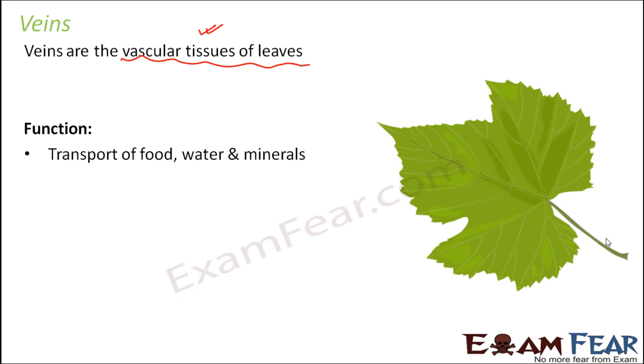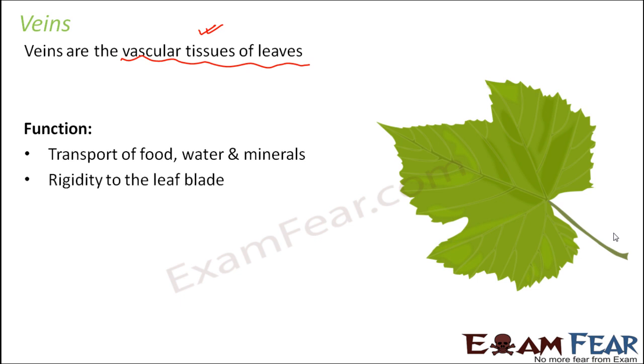Food is prepared in the leaves itself, but water or nutrients or whatever comes to the leaf needs to be distributed equally to different corners of the leaf. So how will that internal distribution within the leaf take place? That distribution takes place with the help of these tube-like structures called veins and veinlets.